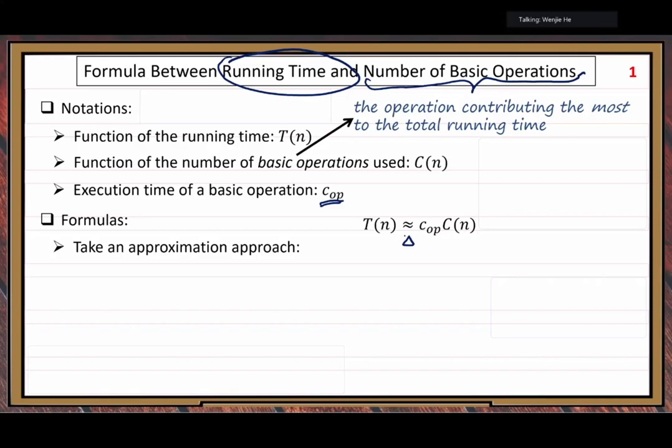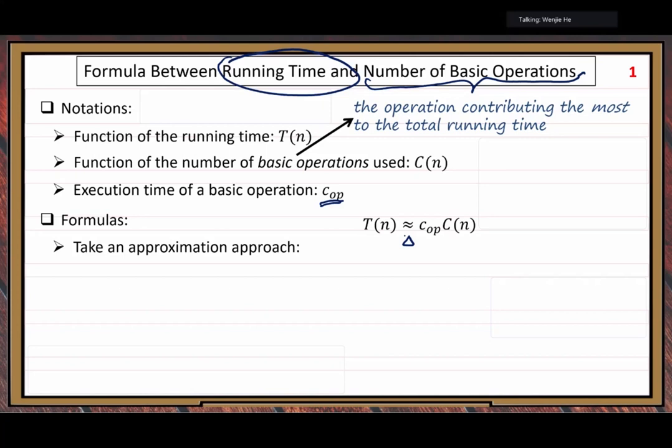One basic operation needs little c op time, but you have a total of capital C of n basic operations, so you do direct multiplication. But that's an approximation. Close.